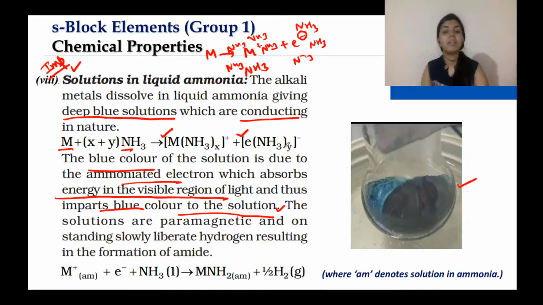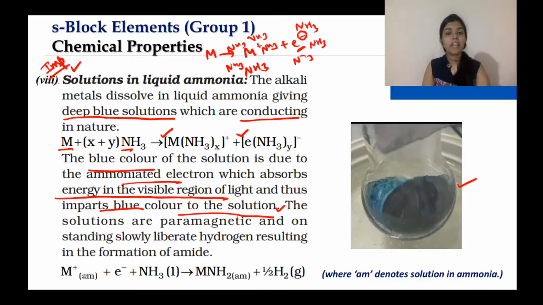Only the radiation whose wavelength lies in the visible region shows color, right? So here the electron absorbs energy in the visible region of the electromagnetic spectrum, that is why it gives blue color. Now this solution is paramagnetic because this electron will be unpaired, right?